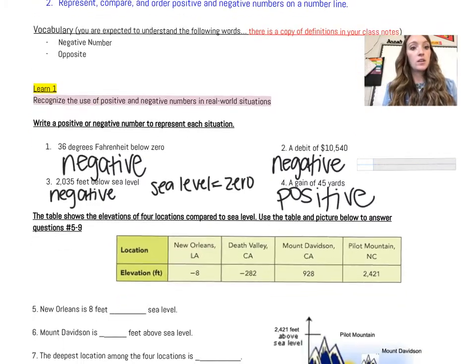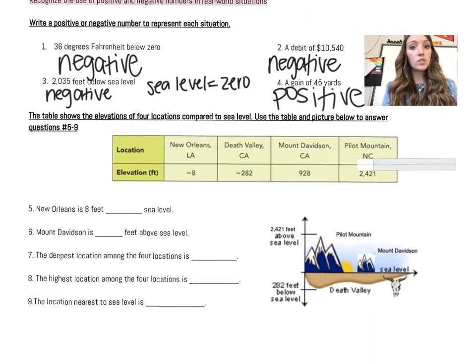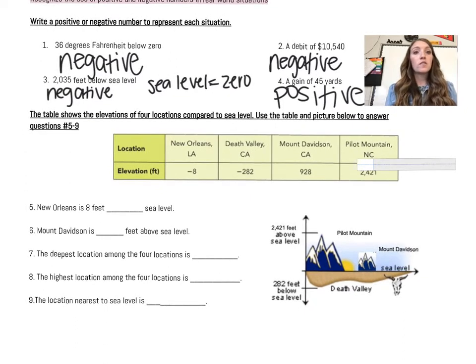As we look here, we're going to use this table showing 4 locations compared to sea level. Remember, sea level is when it's at 0, and these 4 locations have their distance above or below sea level. So if I look at number 5, New Orleans is 8 feet.